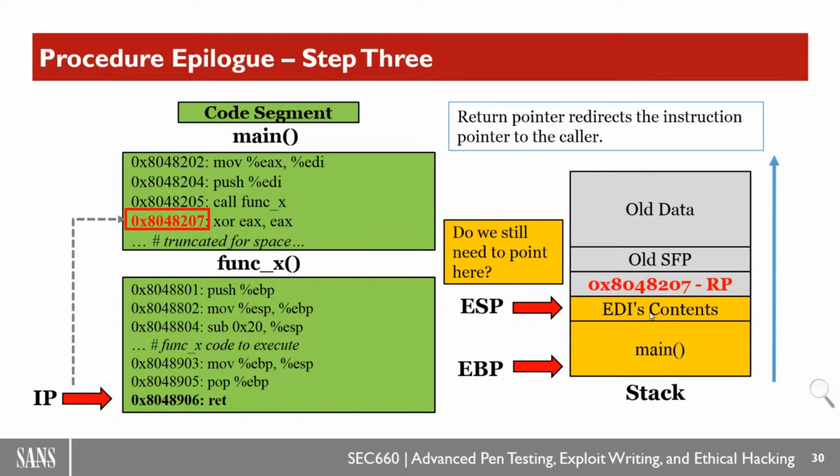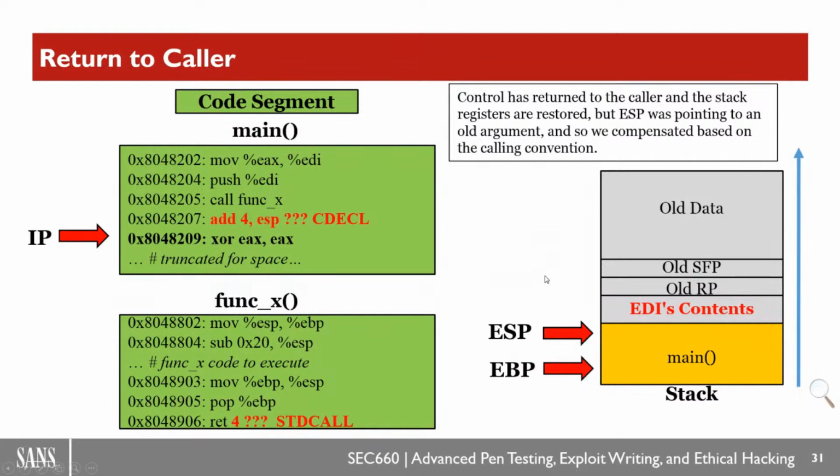We can do it one of 2 ways depending on the calling convention. We can either do a ret4, or we can return back and have an instruction that compensates. So let's do the ret4 first. Normally we just do a return, meaning the stack pointer would advance 4 bytes like it normally does.